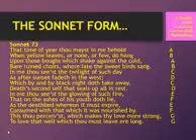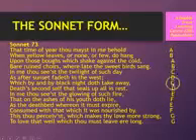E, F, E, F, the third quatrain. Then G, G, the couplet.